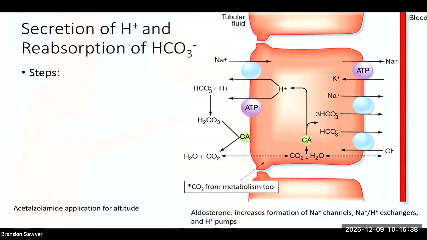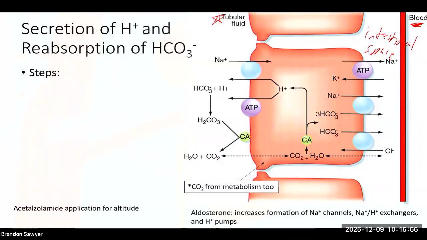So let's just walk through this mechanism here. Okay, so we've got the blood over here. So this would be kind of interstitial space here, right? This is the tubular fluid, so that's where the filtrate is, okay?